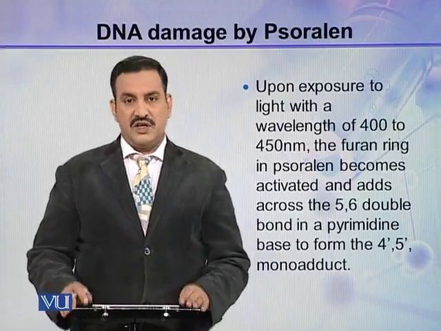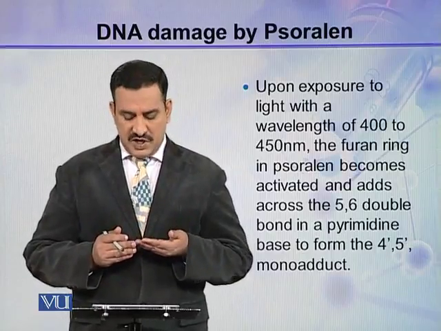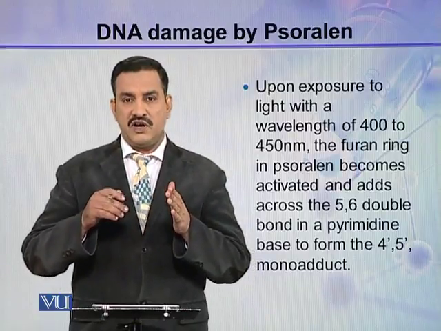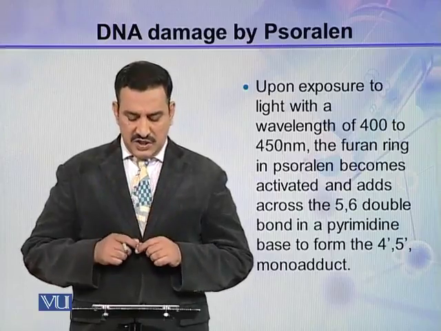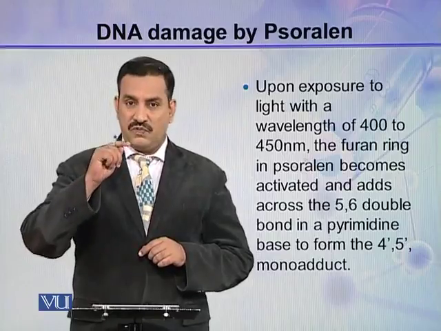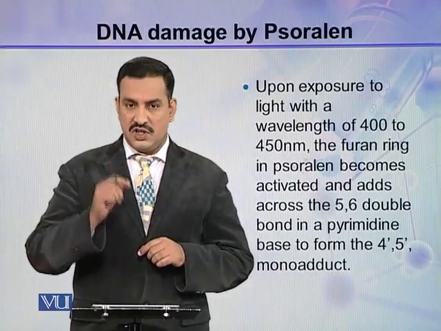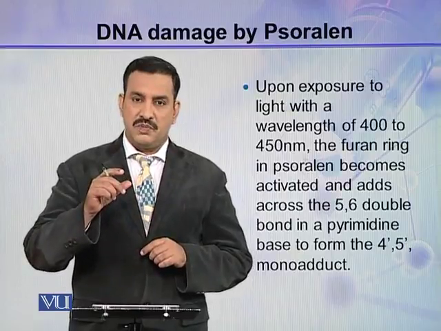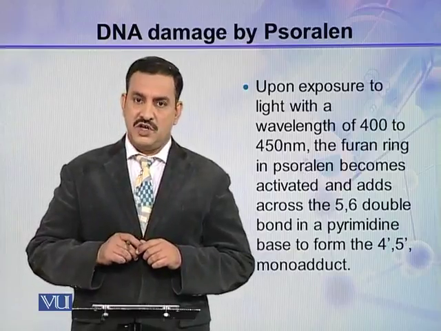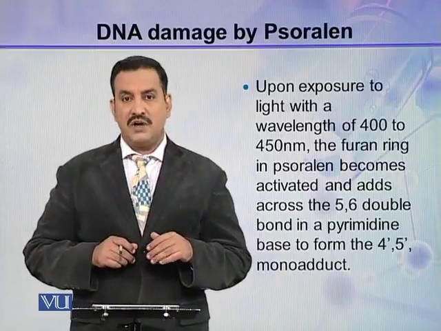So when this molecule psoralen is photoactivated, its furan ring is activated, and this furan ring is added to the pyrimidine base, between the carbon number 5 and carbon number 6 double bond, because in a pyrimidine there is a double bond present between carbon number 5 and 6. So here this furan is added. So in this way it forms a monoadduct.